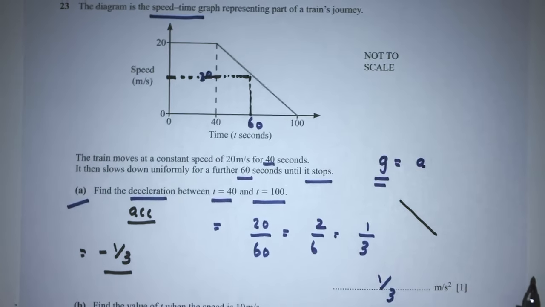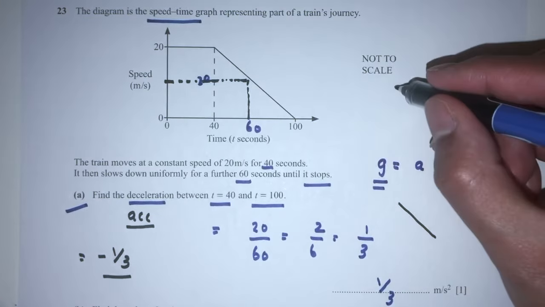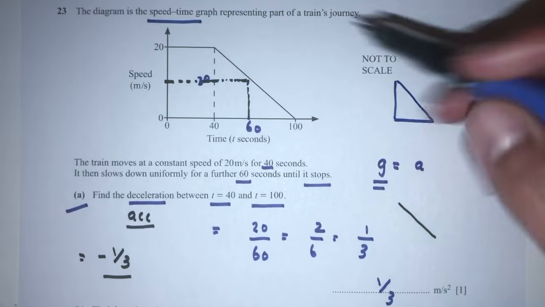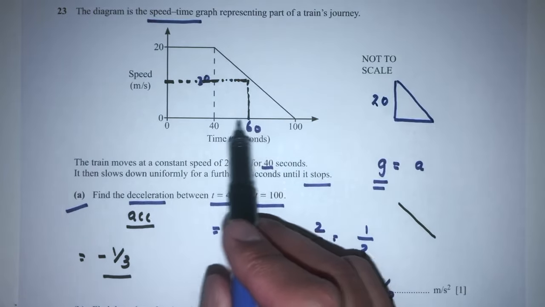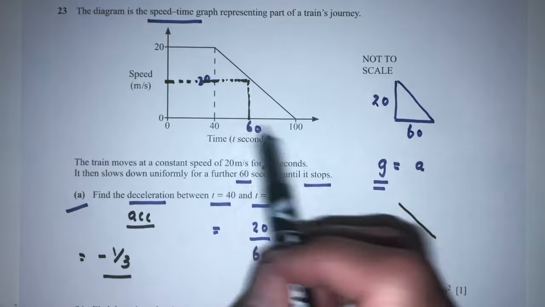We have to find the value of t when that happens. If you observe here, we have a big triangle. This is 20, and this is 60. And then we have a small triangle here.